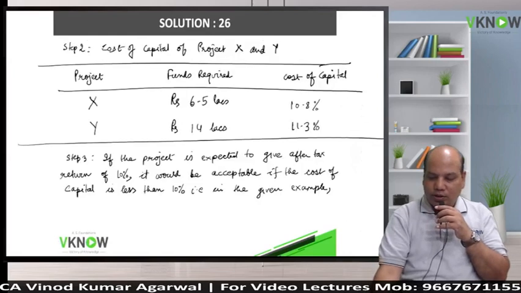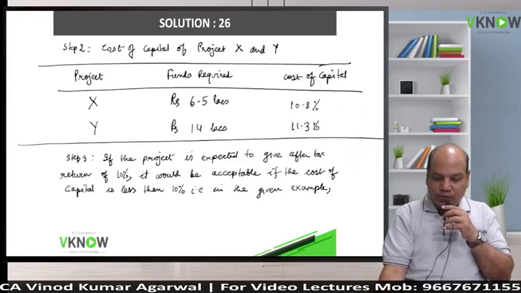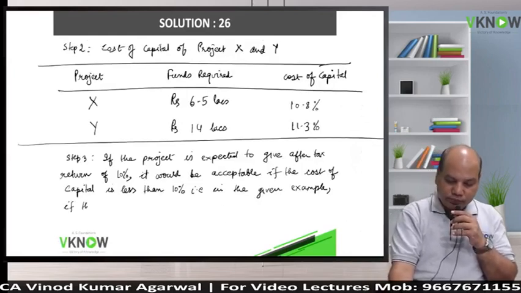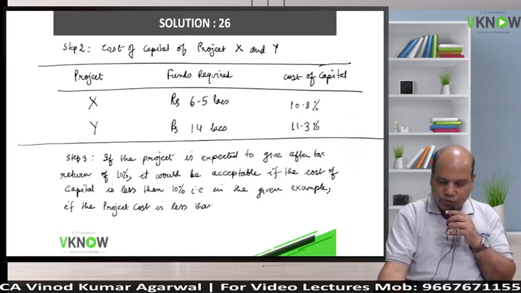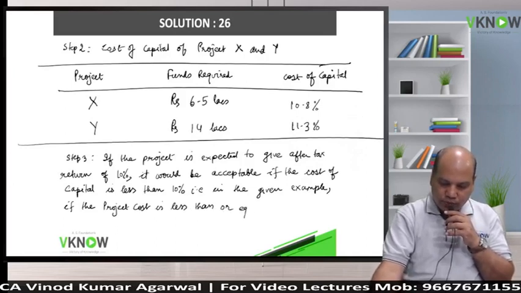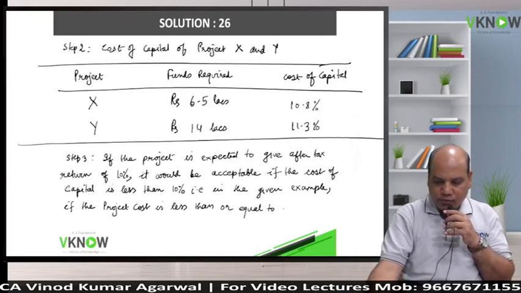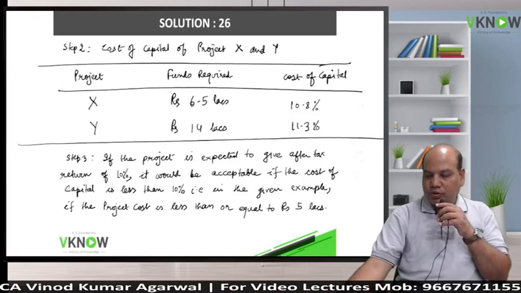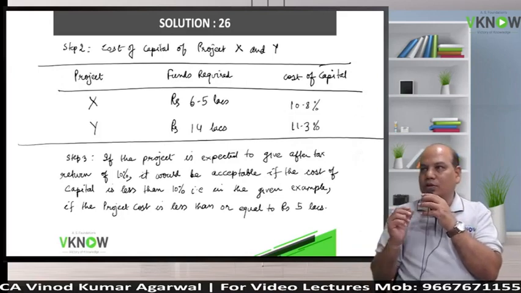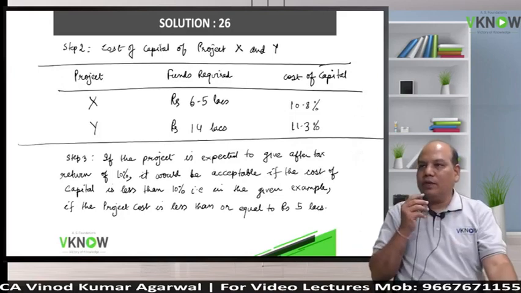So write down this line completely. That is, in our example, if the project cost is less than or equal to rupees 5 lakhs. Project cost is less than or equal to rupees 5 lakh, 5 lakh in our example.